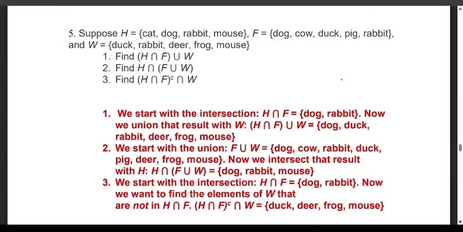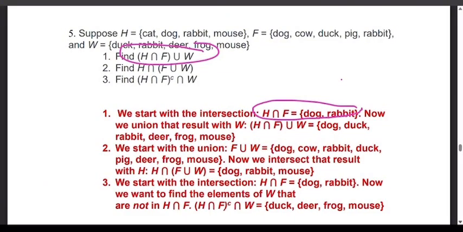If you take a look at the first one, they wanted to do H intersect F union W. You can see parentheses on H intersect F, so you need to start from the parentheses. First figure out what your H intersect F is. The H intersect F is what is common between H and F.